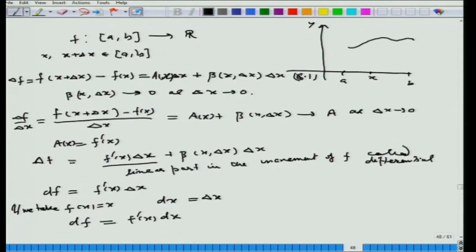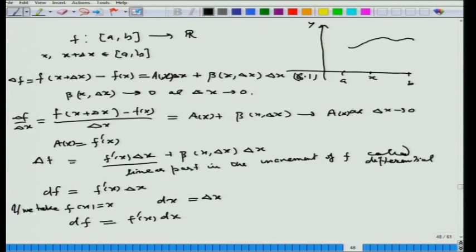Since beta tends to 0 as delta x tends to 0, this term goes to 0, and so the right hand side of delta f by delta x tends to a of x as delta x tends to 0. Since the limit of delta f by delta x is by definition the derivative of f at x, a x must be f prime x.